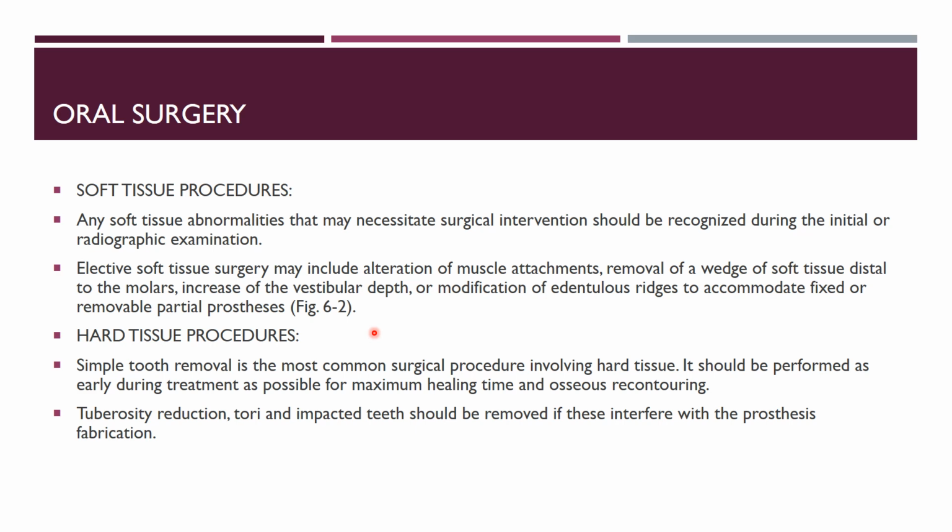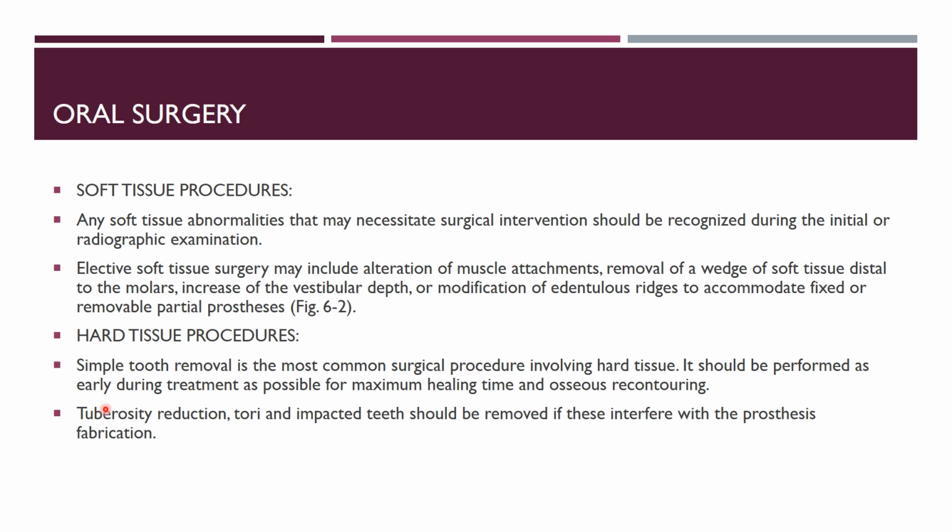Coming to the hard tissue procedures, simple tooth removal is the most common surgical procedure involving hard tissue. Once it's performed, we have to wait for the maximum healing time. And if required, even osseous recontouring, the bone recontouring, might also be done.